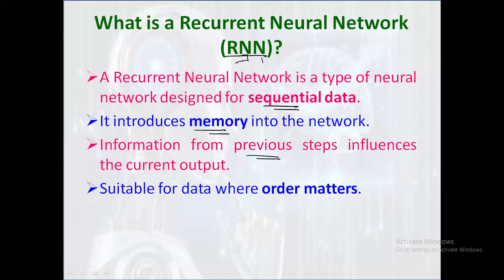Previous steps influence the current output, and the current decision depends not only on the present input but also on the past inputs. The order of data matters here. That means RNNs are effective when data sequence affects the meaning, such as language.